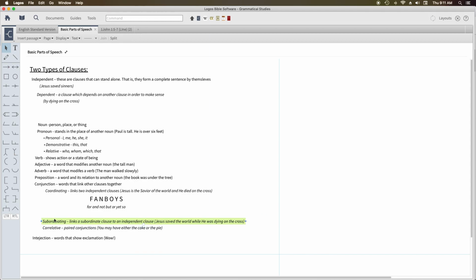They subordinate a dependent clause to an independent clause. So the sentence here: Jesus saved the world while he was dying on a cross. This "while he was dying on a cross" doesn't make sense by itself, because I can't just say "while he was dying on a cross."